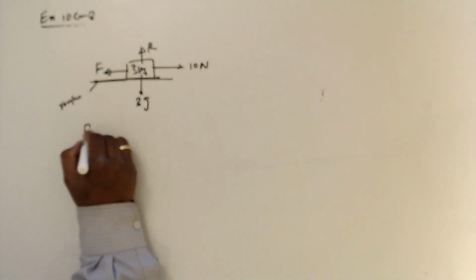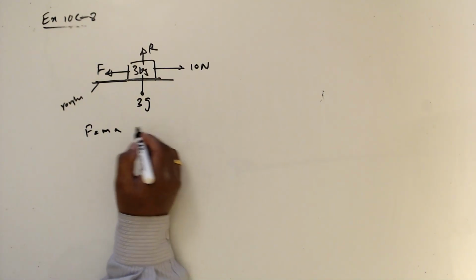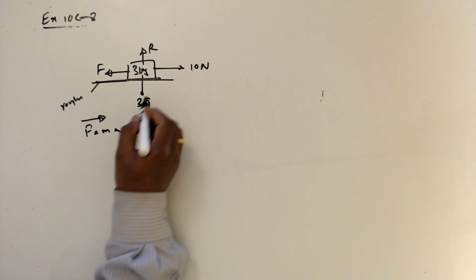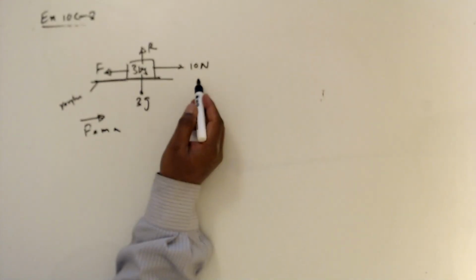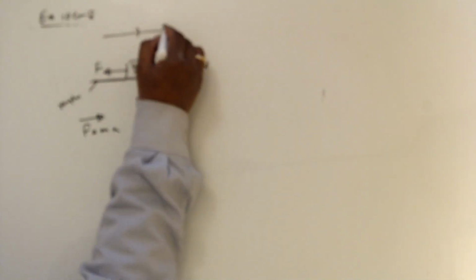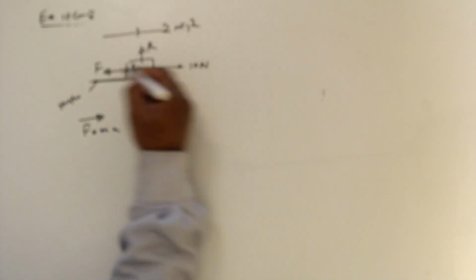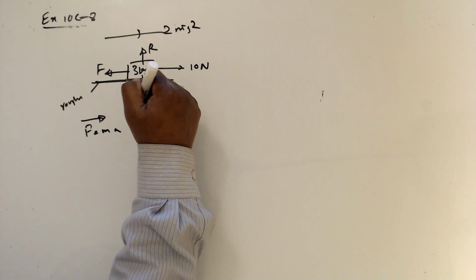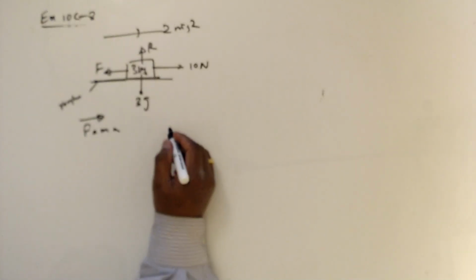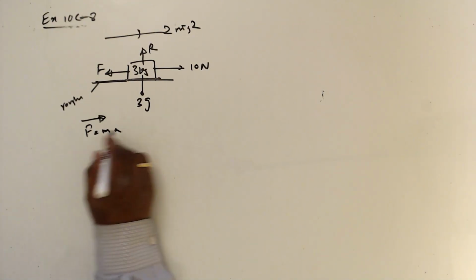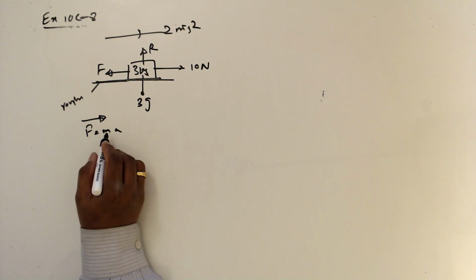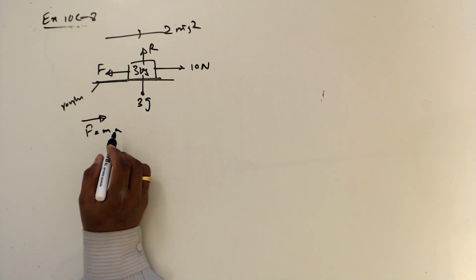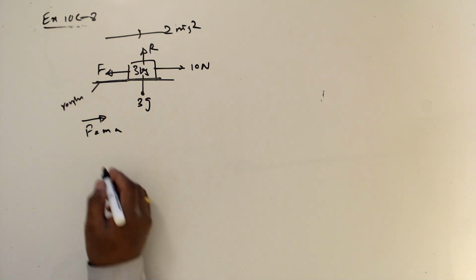Now F equals ma in this direction, because this is only moving. It has acceleration 2 m/s² horizontally, so we don't need to consider any force going vertically. So F equals ma in this direction is enough.